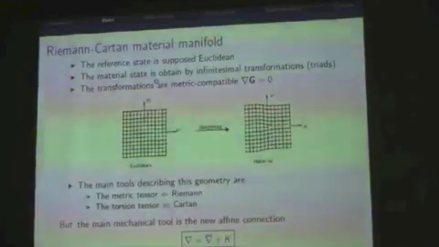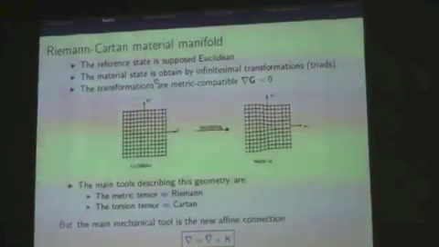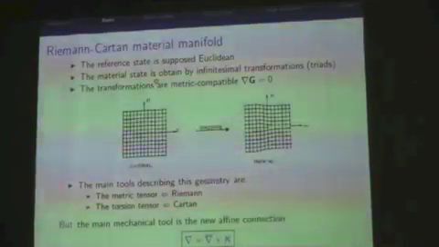And the main mechanical tool to write down the equation is the new connection with the classical connection and the contortion. Okay? So, a typical triad defines a torsion, which defines a contortion, which defines a new connection.